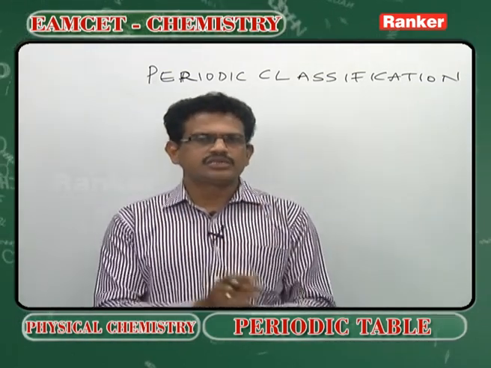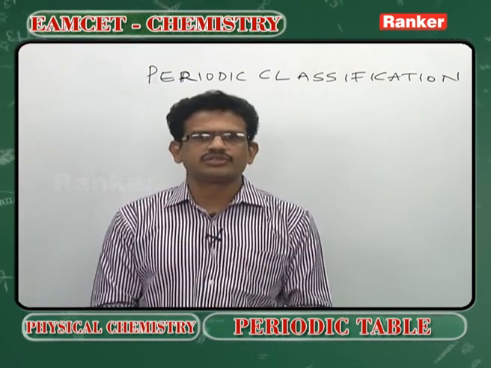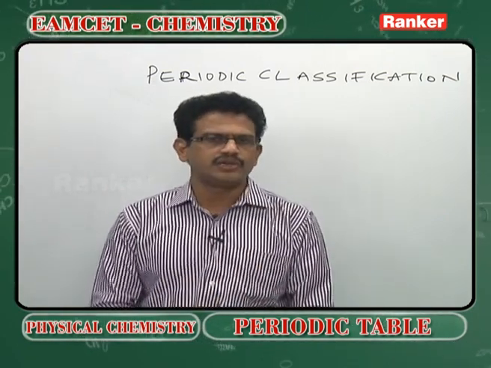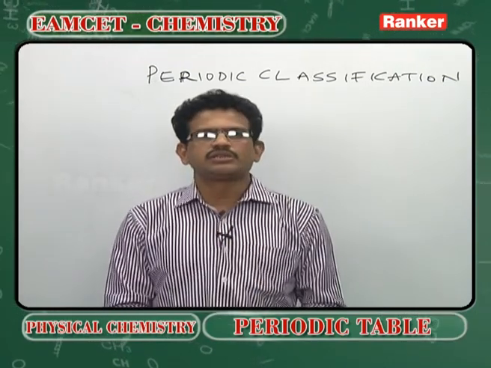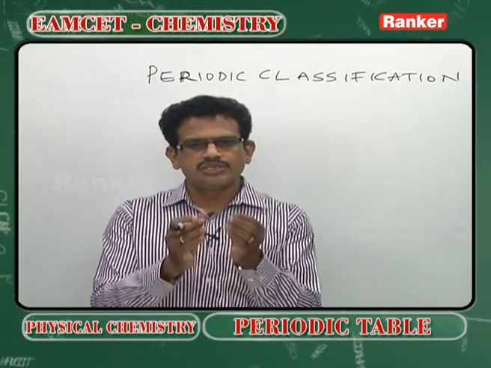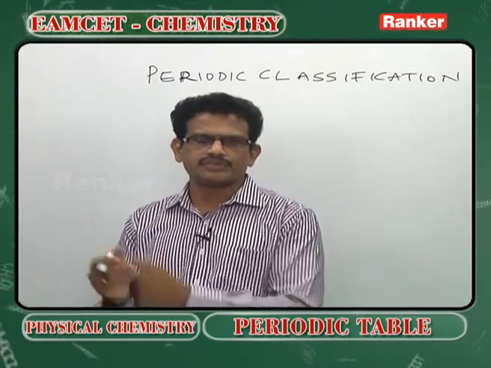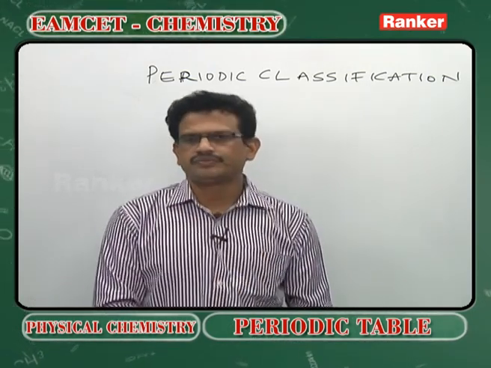Metals are characterized with their own properties and non-metals are also characterized. But the problem in this beginning of the classification was that metals show some non-metallic properties and non-metals show metallic properties.